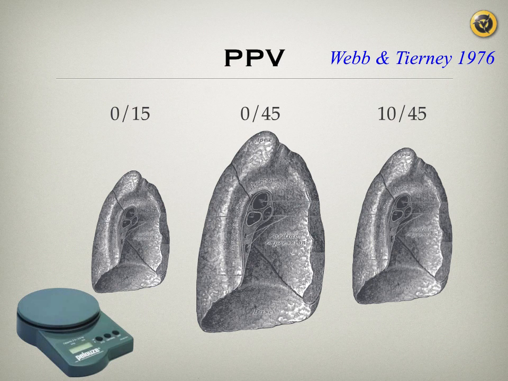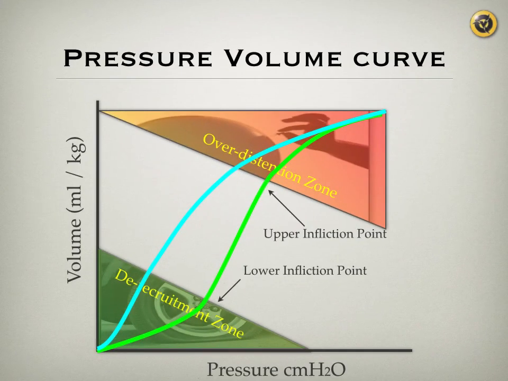So that's why we use PEEP to recruit alveolar units and decrease shunt, as well as protect the lung from destruction. This is just to remind you that your mechanical ventilation will optimally be between the lower inflection point and the upper inflection point. PEEP above lower inflection, plateau below upper inflection.